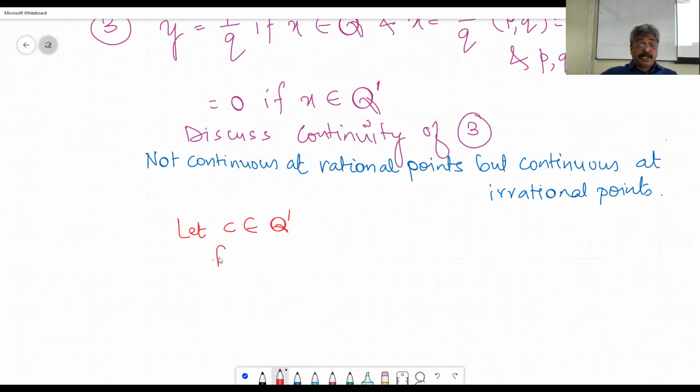So f of c is equal to 0. Right? Now what you want to say is that in the delta neighborhood of c there will be rational points. So a rational point p by q will tend to c. So the rational will go near c, which is irrational.